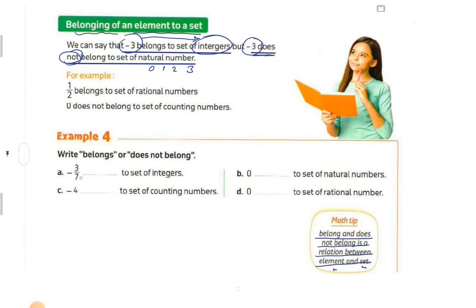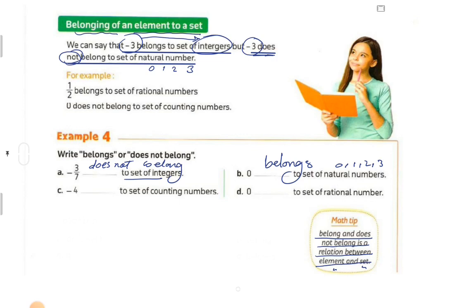This is a negative fraction, so it does not belong to the set of integers. 0, blank, set of natural numbers. Natural numbers start with 0, 1, 2, 3 and so on, so 0 belongs to the set of natural numbers.